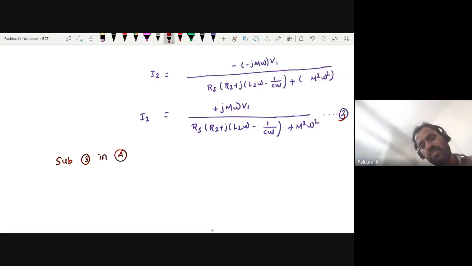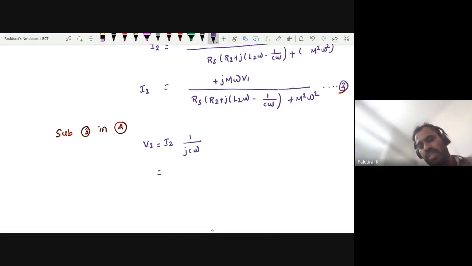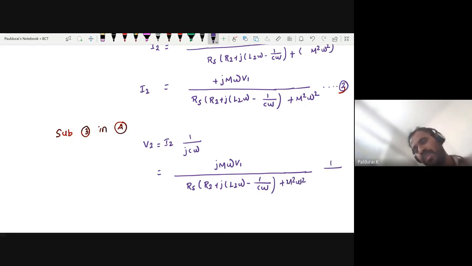We know v2 equals I2 times 1 divided by j c omega, and replace the I2 expression: j m omega v1 divided by Rs times R2 plus j L2 omega minus 1 by c omega plus m squared omega squared, this is my I2, times 1 divided by j c omega.